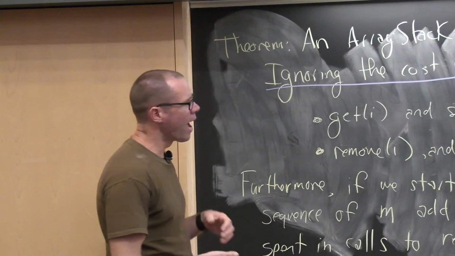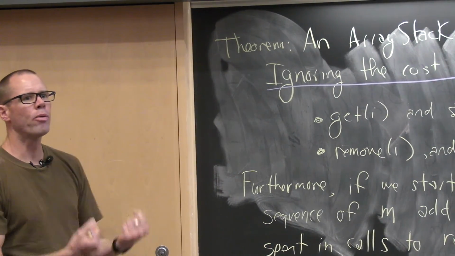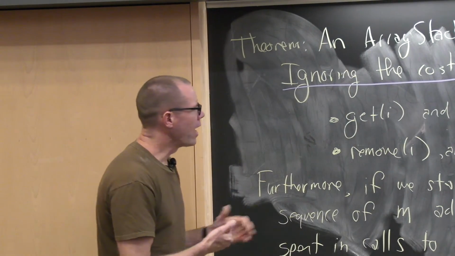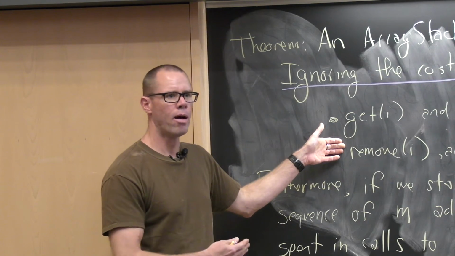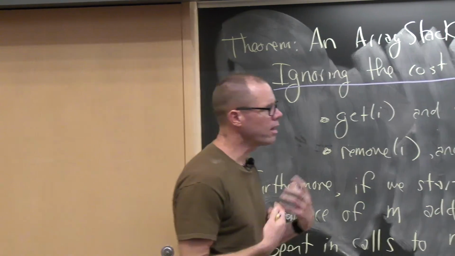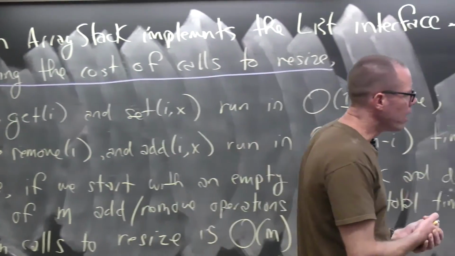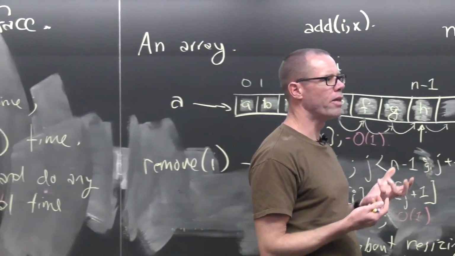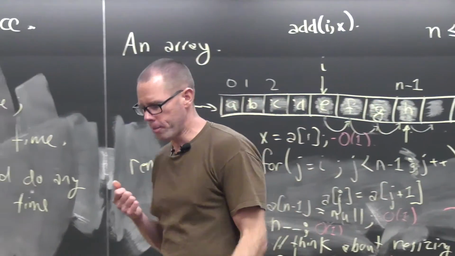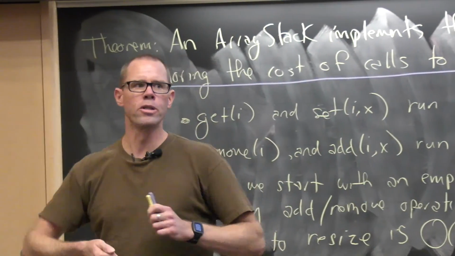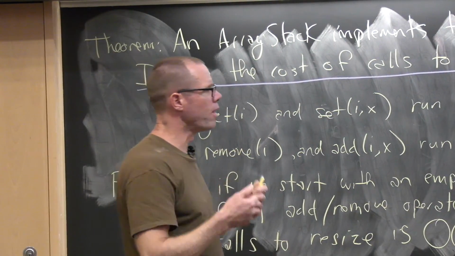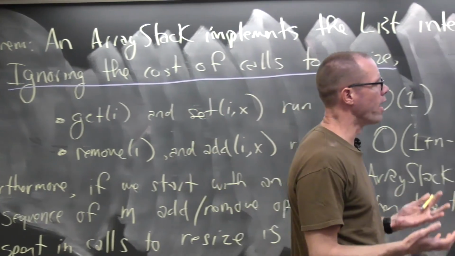The reason we have to write this in this awkward way is I can't tell you exactly how long an individual remove or add operation takes. Usually they're fast. Usually all that happens is you move some elements out of the way and you insert X where it's supposed to go, or you remove some elements and that's fine and fast.